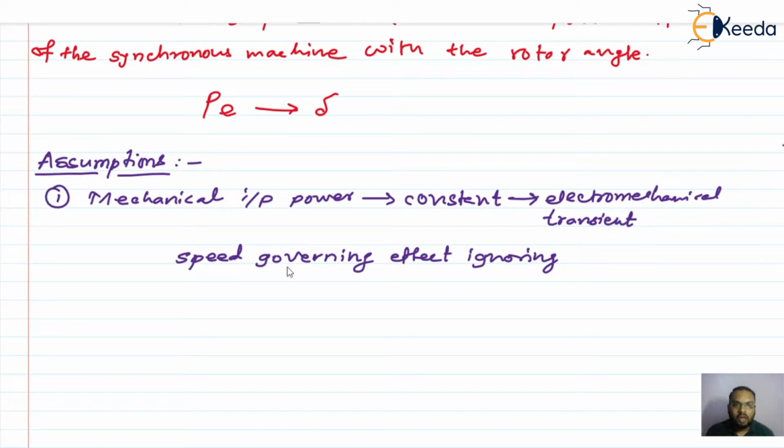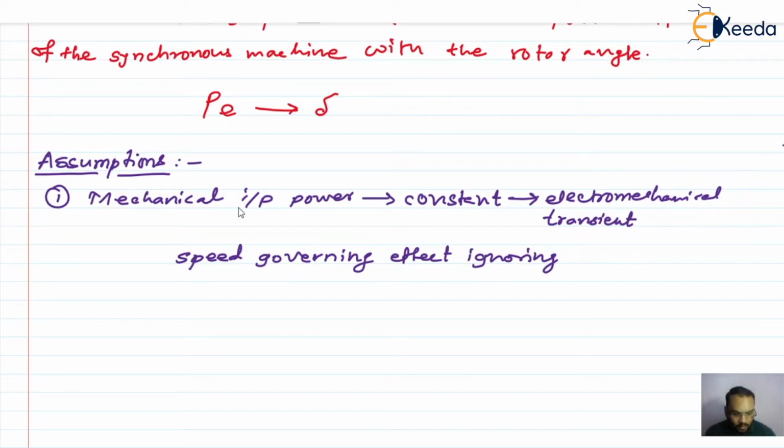As this electromechanical transient lasts only for some order of cycles, the input we get through this speed governor will be almost constant for that many cycles. So that is why it is okay to make this assumption.